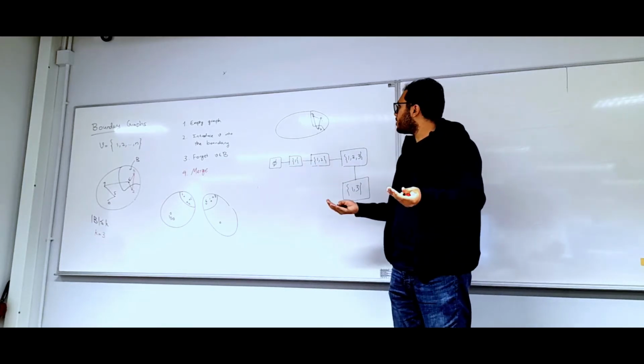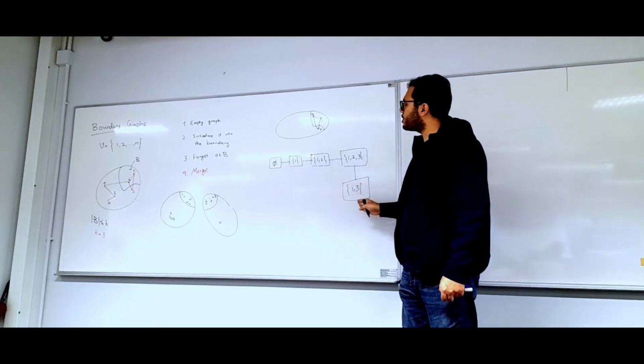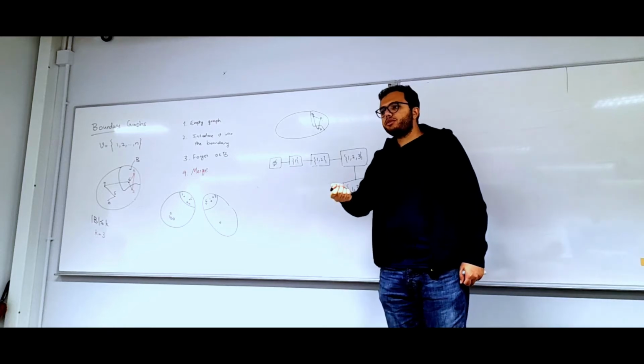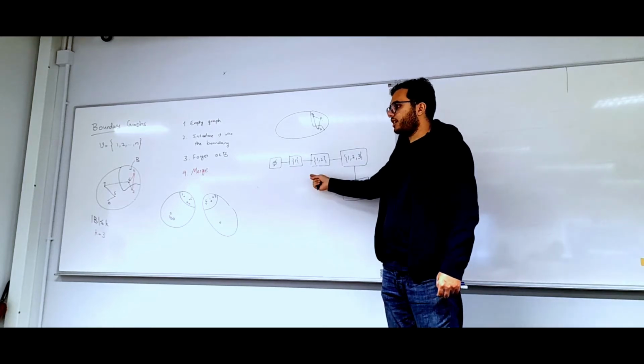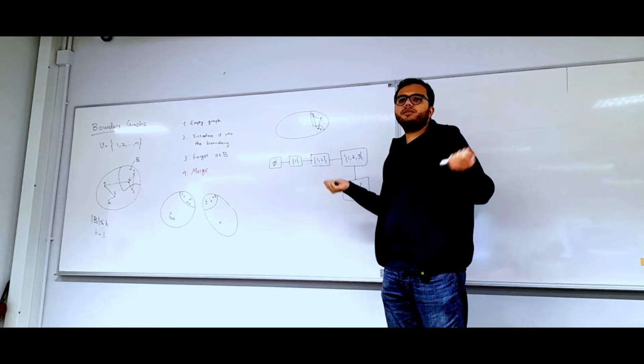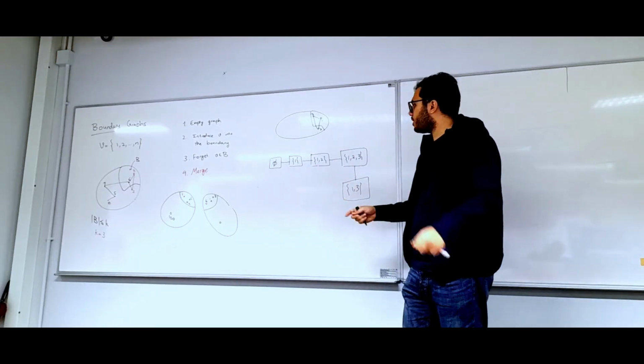But that's also easy, so these bags here are basically just keeping track of my boundary. When a vertex is introduced, it's added to the bag, and it remains there until it's forgotten. But as soon as it's forgotten, it will never be introduced again. So every vertex appears in a connected segment.